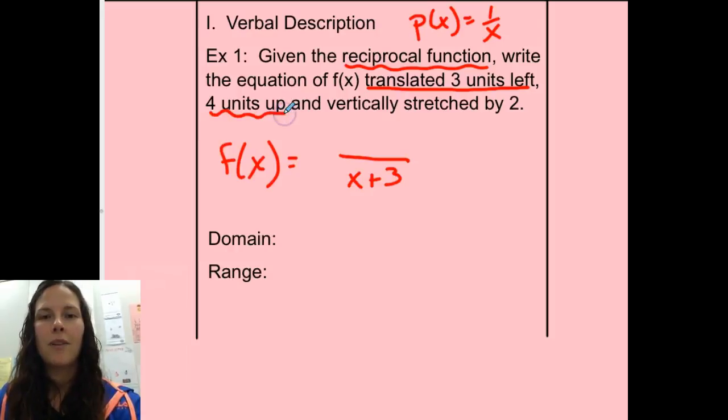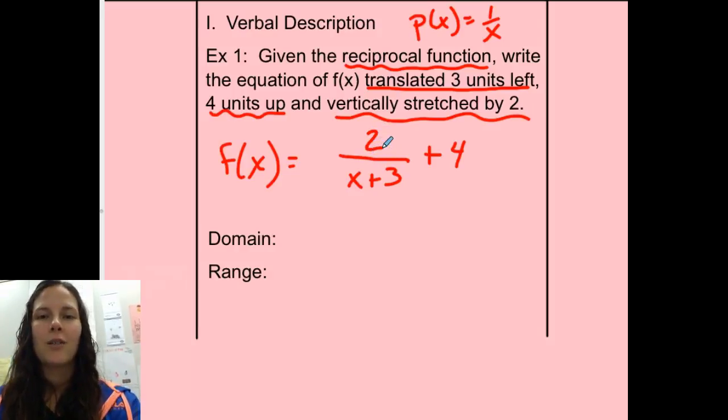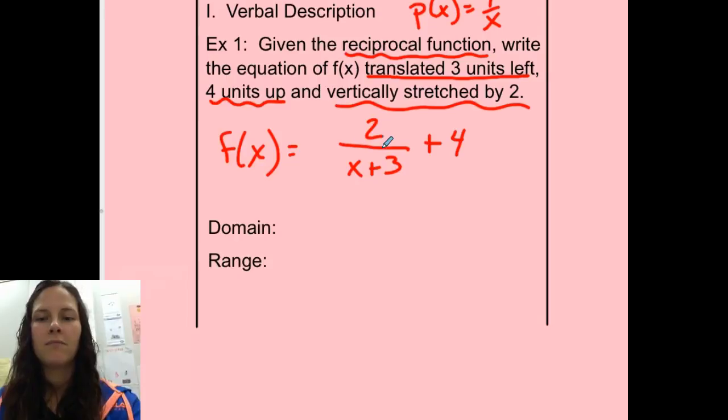Four units up, that is outside the function, vertical shift, and vertically stretched by 2. That will go in the numerator. That 1 that is typically in the numerator will be multiplied by a 2. So that is our transformed function.